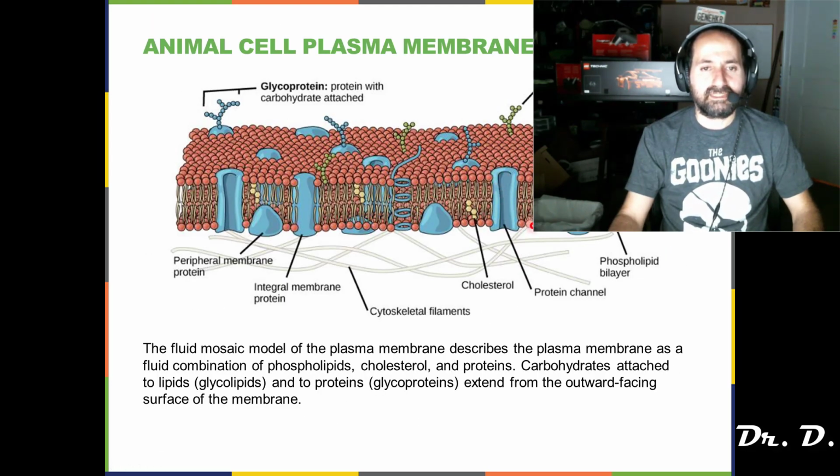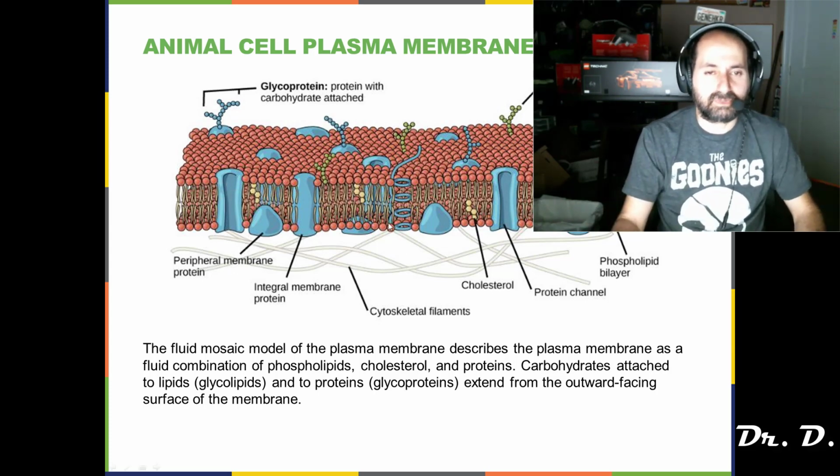And all of these proteins, unless they're anchored to something, are free to float around laterally. Laterally means left and right, in one or two dimensions in space. These proteins float around like icebergs in the ocean, because they're not stuck in place, unless, like I said, they're anchored to something, which some proteins are.